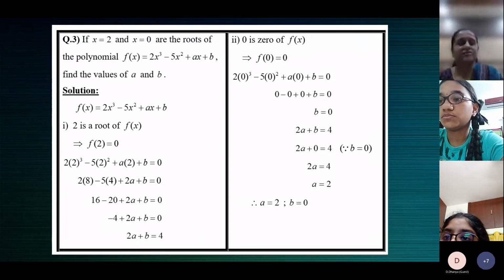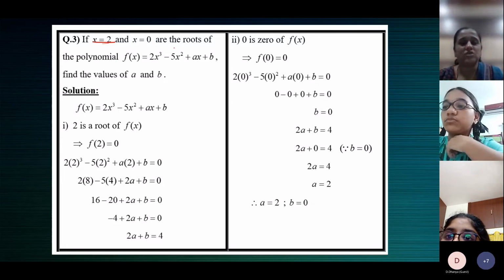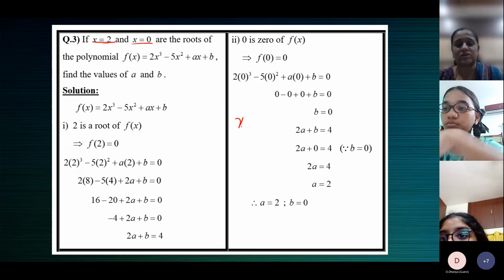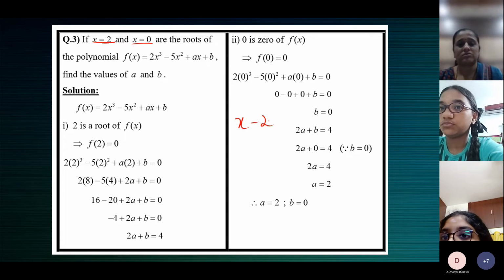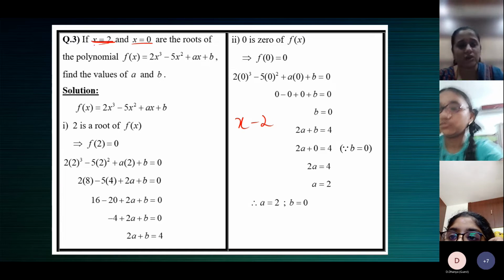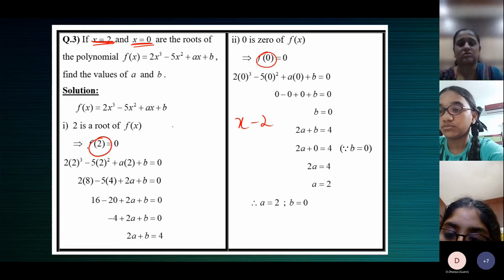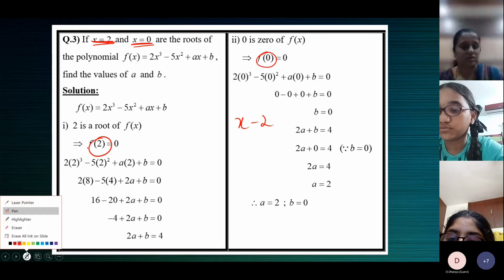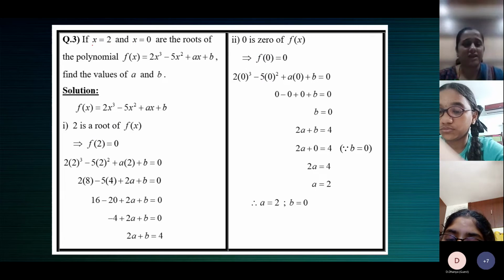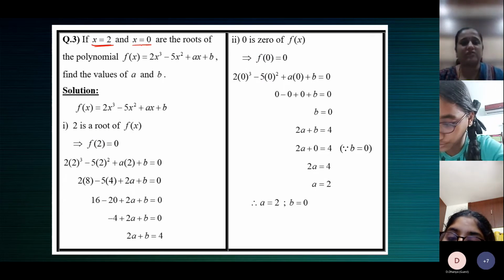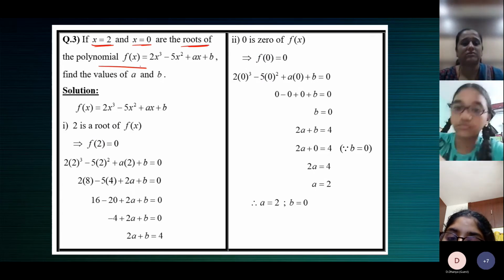Here it is given directly that x is equal to 2 and x is equal to 0. It's not given x minus 2. The value of x is 2, the value of x is 0. So you should find f of 2 and f of 0. See how it's given: x is equal to 2 and x is equal to 0 are roots of the polynomial.